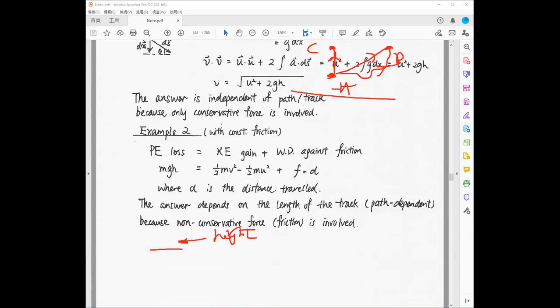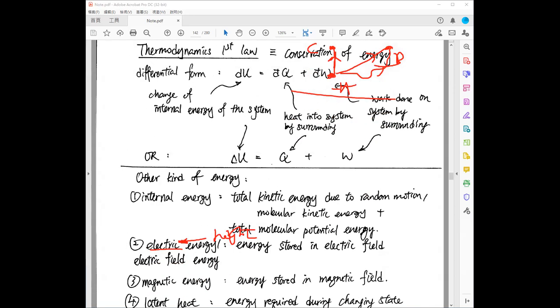Then what is the importance for us to learn the potential energy? Let's say we draw a curve.